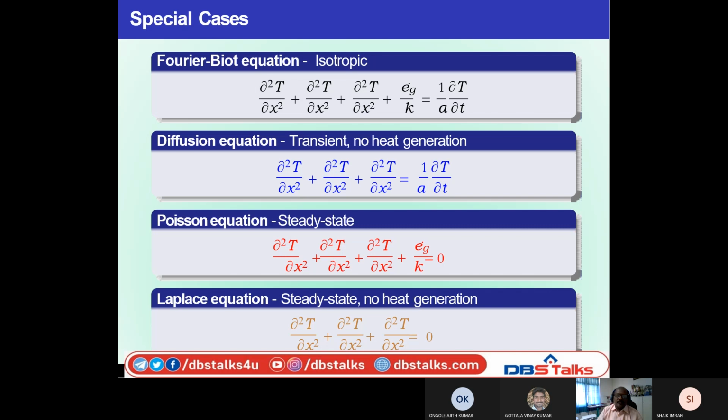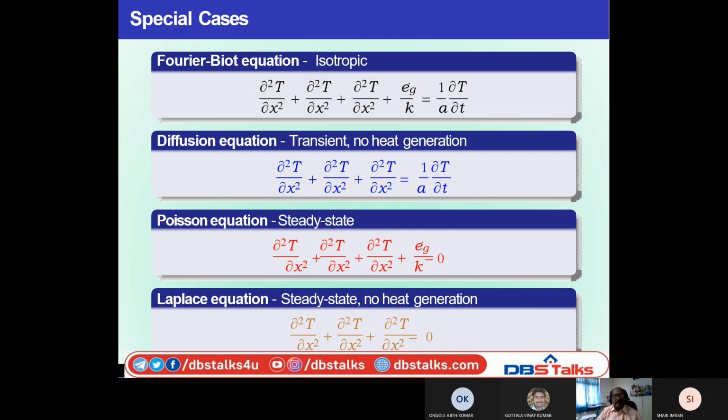These 4 equations represent conduction only, three-dimensional conduction for different cases: no heat generation, steady state, and so on. So this is about the differential equation for conduction.